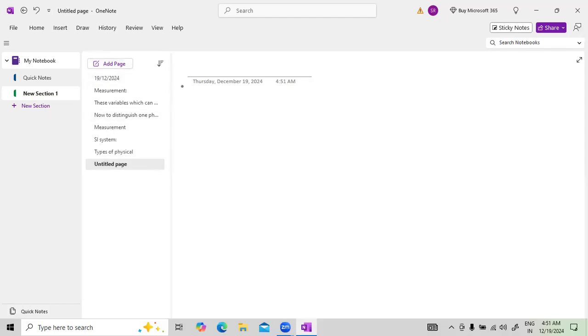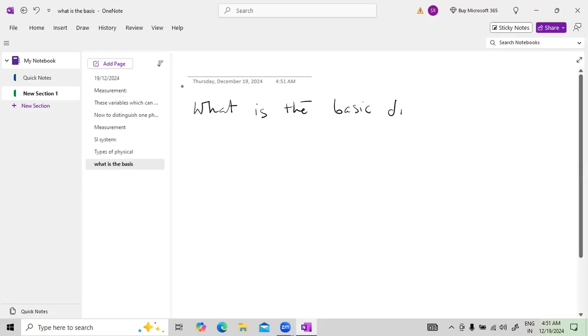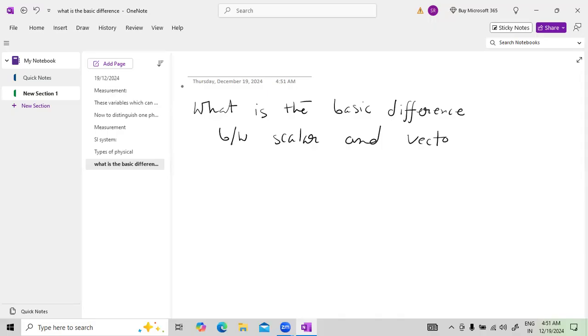So what is the basic difference between scalar and vector?